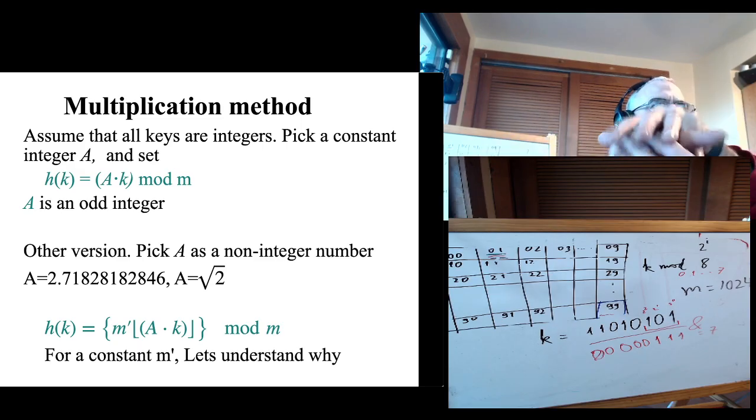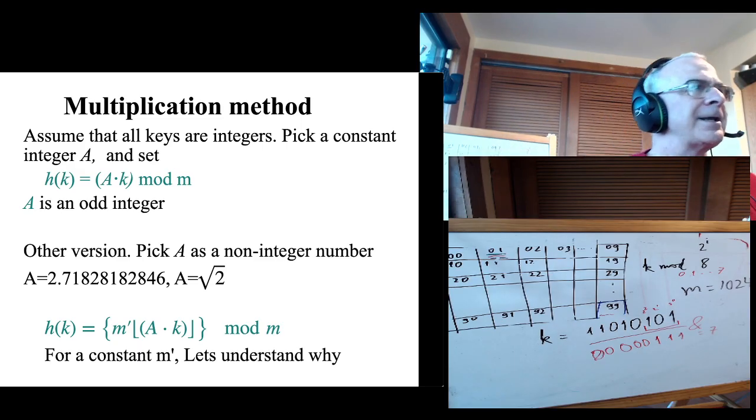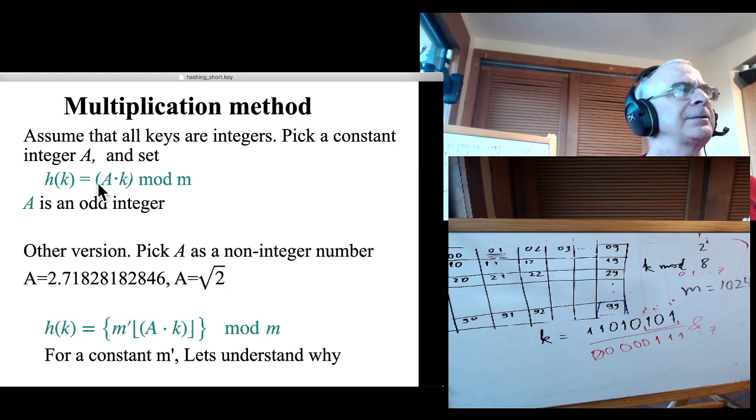The more scrambled you did it, the better the hashing operation is. Same, pick a constant, but now you want a constant that has a lot of different digits. For example, pick your constant to be square root of 2.